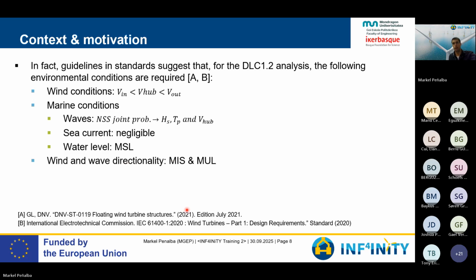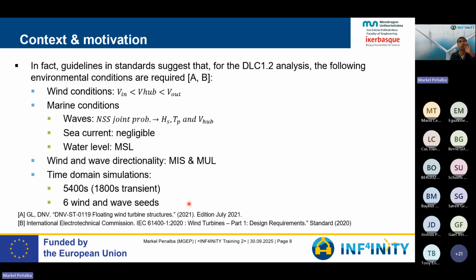So if that's the set of different environmental conditions, then we also have to run time domain simulations. And some of the white papers or the reference standards suggest that about 5,400 seconds of simulations with 1,800 seconds of transients that will be deleted or neglected afterwards are required. But not only for each of these combinations, and also 6 wind and wave seeds.